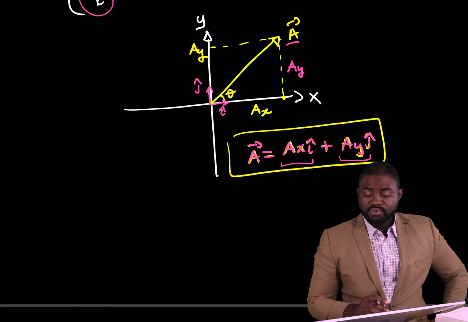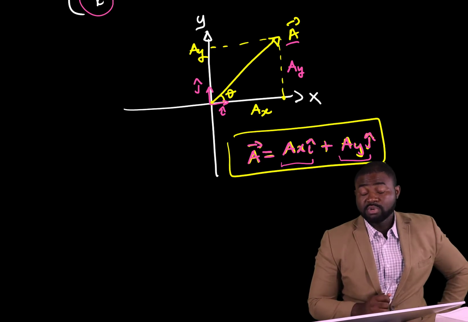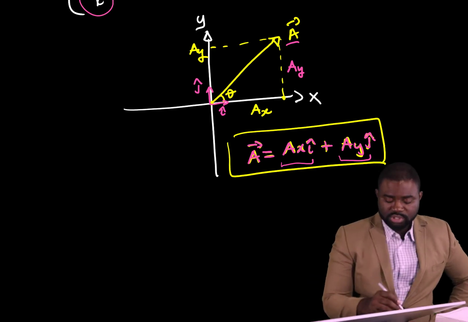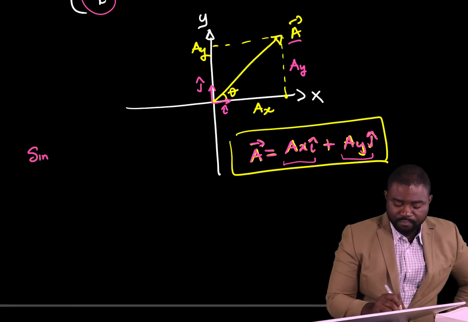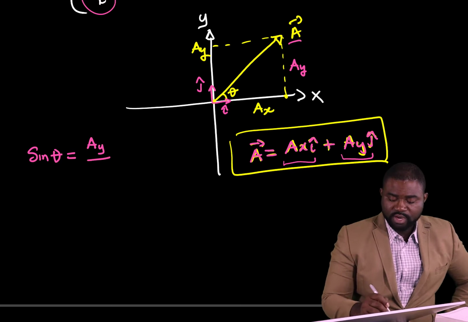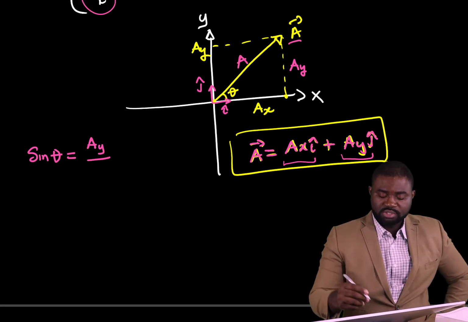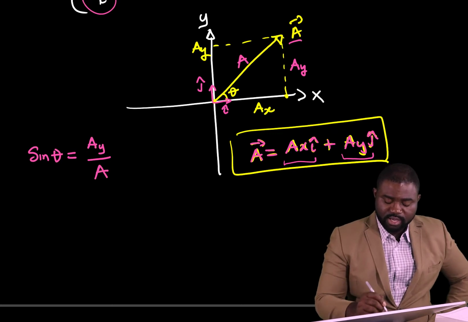Now, if you remember what we did in the previous lesson about SOHCAHTOA, you would see that the sine of theta is equal to the opposite, ay, divided by the hypotenuse. The hypotenuse here is just A, the magnitude of A. That means that ay is equal to A sine theta.